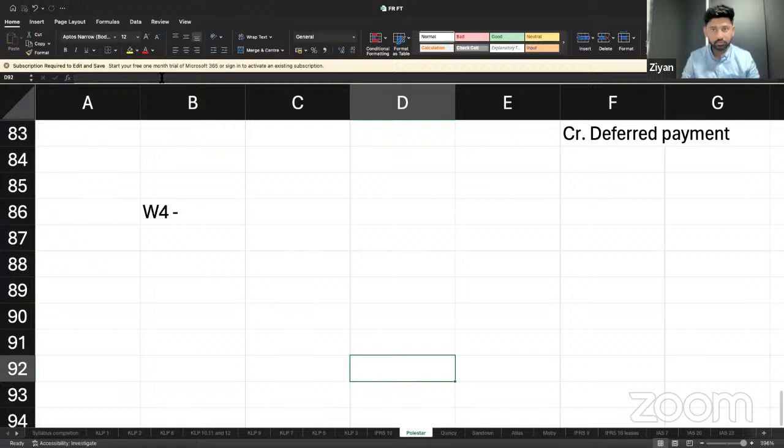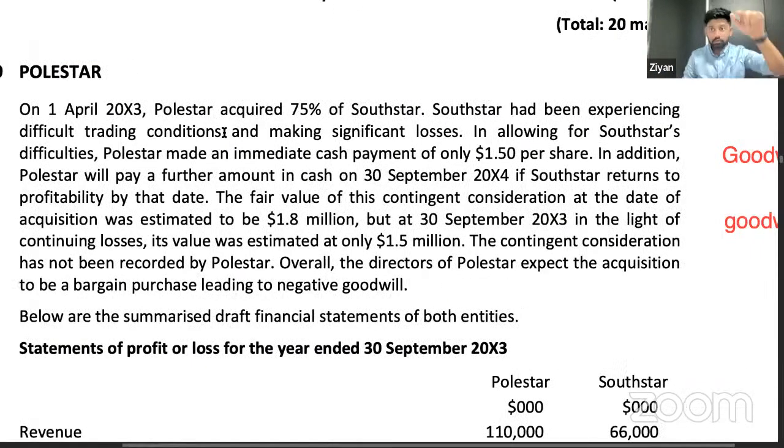Now, that is done. Now what they are trying to say, look, we thought we will pay 1,800, but we are going to end up paying how much? 1,500. Meaning a reduction or an increase in our liability? A reduction in liability. Okay, I told you I'll pay you 2,000. Now I'm paying you only 1,500. Meaning, am I making a gain or a loss? I'm making a gain. A reduction in liability is a gain.